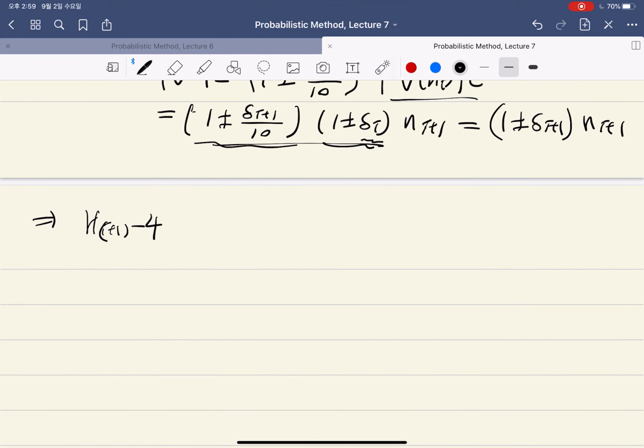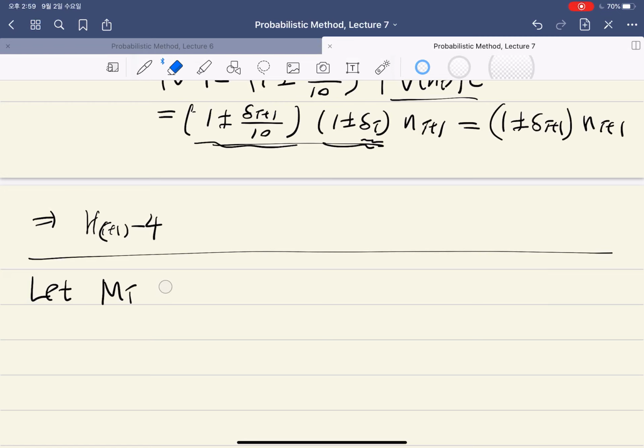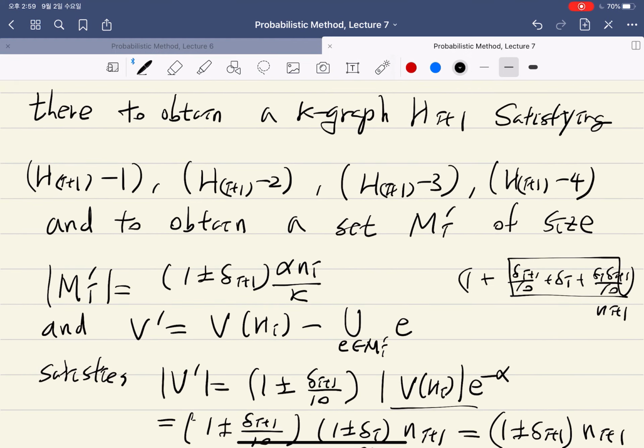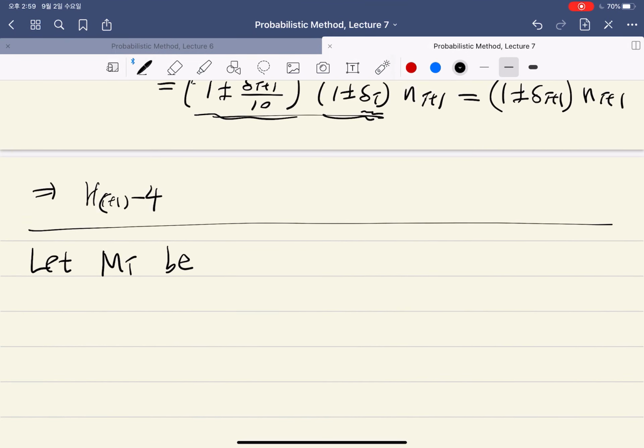And moreover, we define Mi. Recall that this M prime i is not a matching, it's just a collection of edges. We want to take a matching.